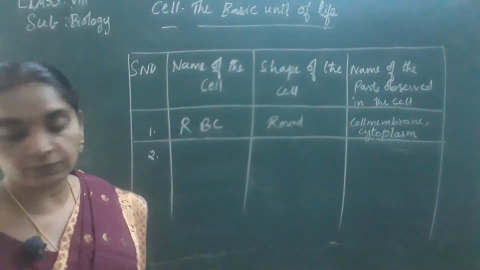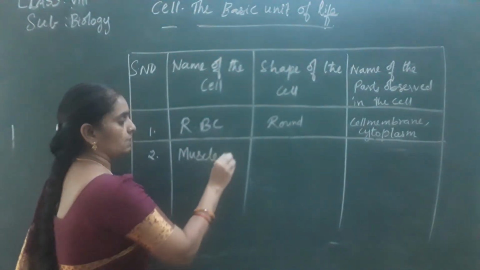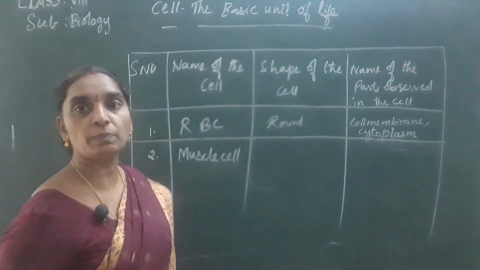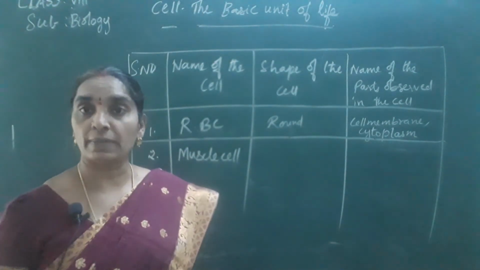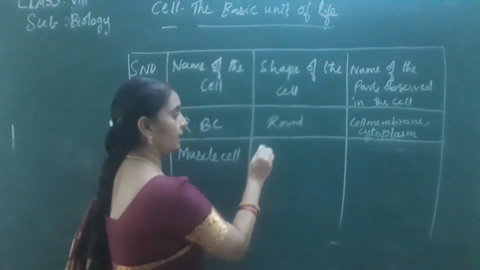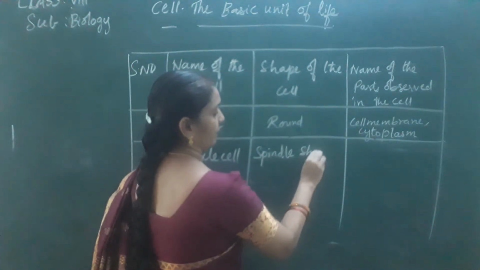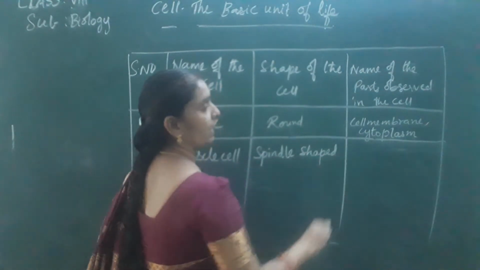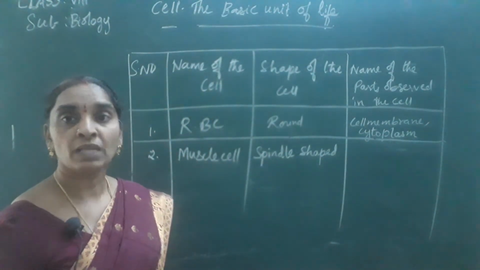Second one, it's given about the muscle cells. Smooth muscle cell and striped muscle cell you have seen over there. So the muscle cells are spindle shaped. And what are the organelles present, that is, the parts that we have seen in the muscle cell?